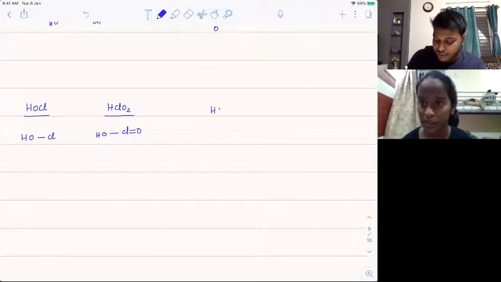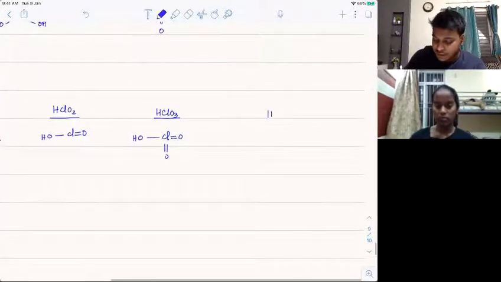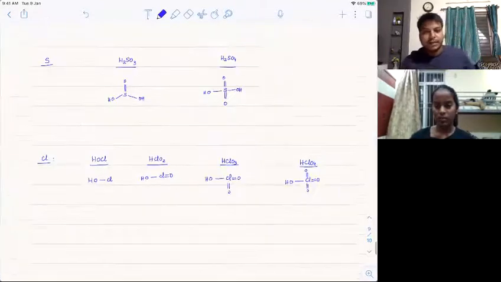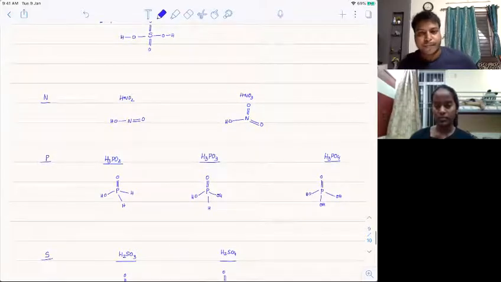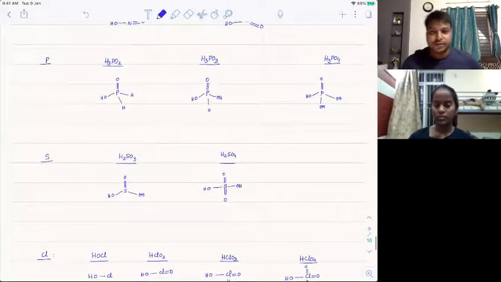You have HClO3, which is Cl with double bonds to O connected to OH, and HClO4, which is Cl with double bonds to O connected to OH. These are the various acids which we have. You need to be very clear about their structures going ahead, and what kind of naming they will get.